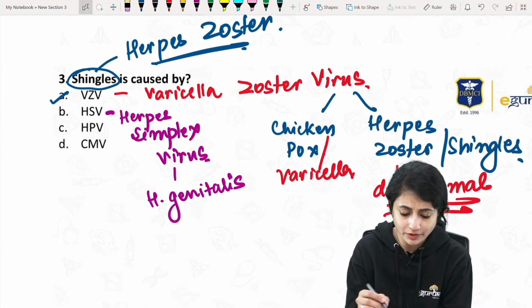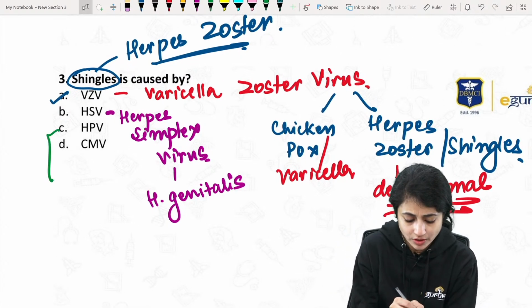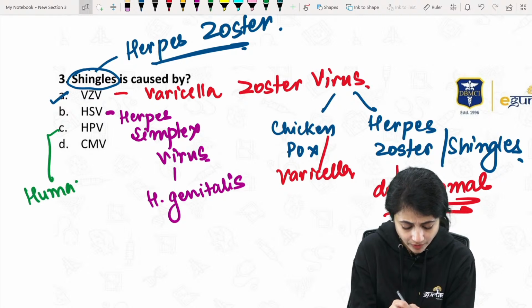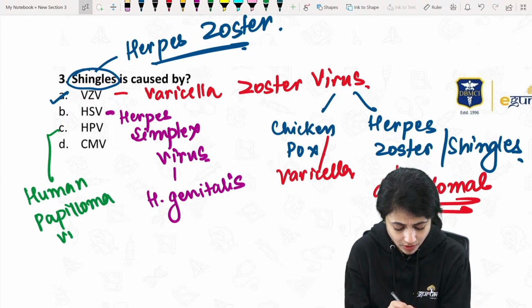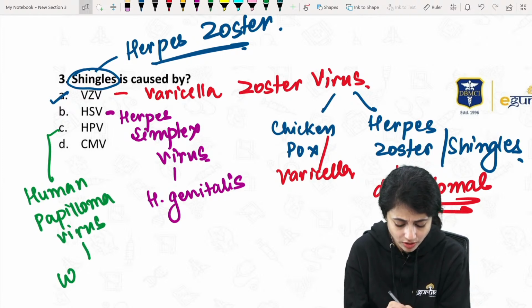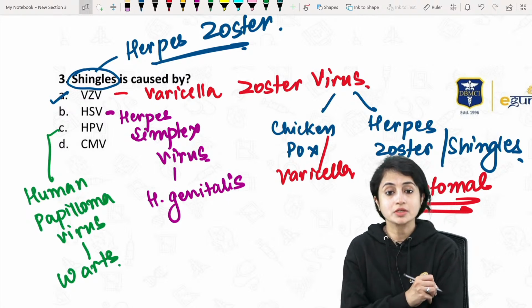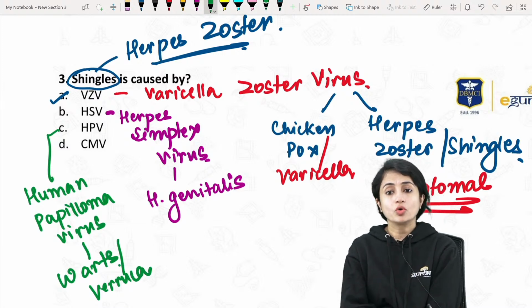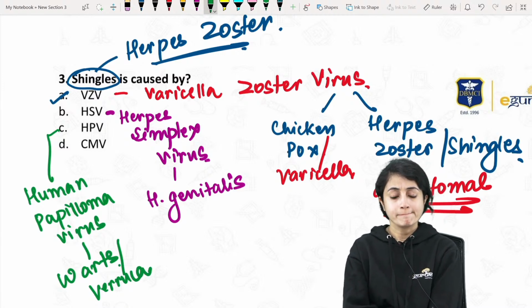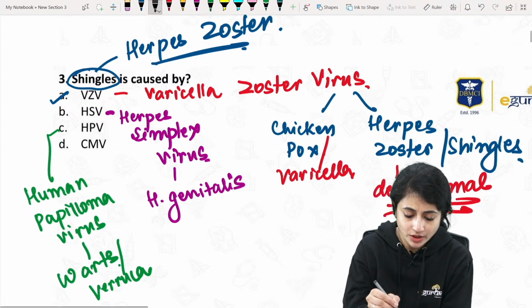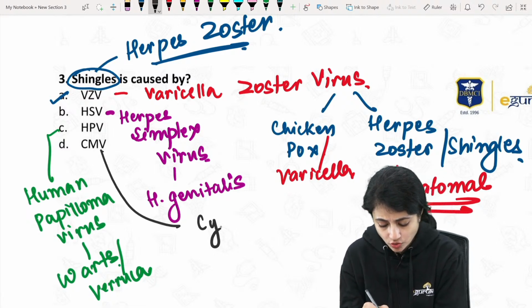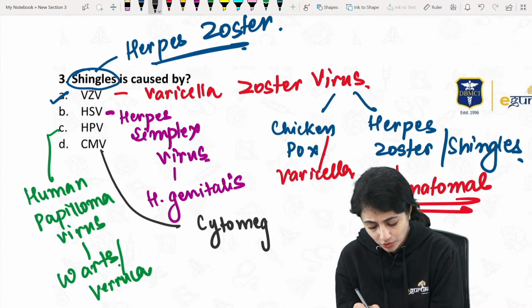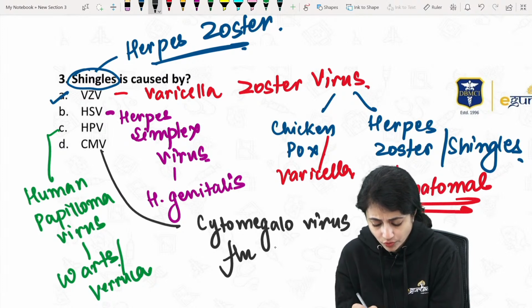What is HPV? HPV is human papilloma virus. What does human papilloma virus cause? It causes warts, or so-called verruca. Right? And CMV is cytomegalovirus, which causes a flu-like illness.